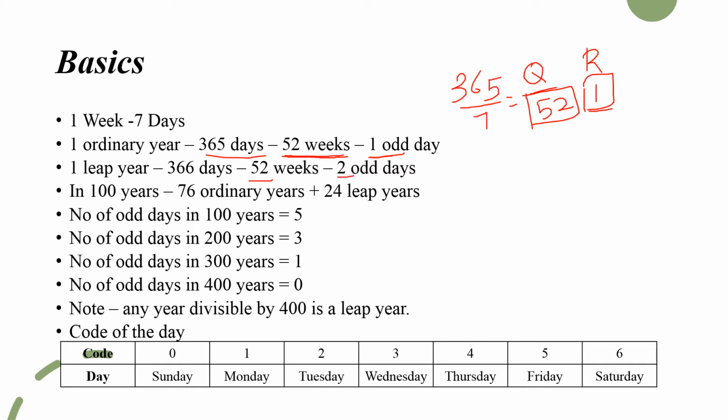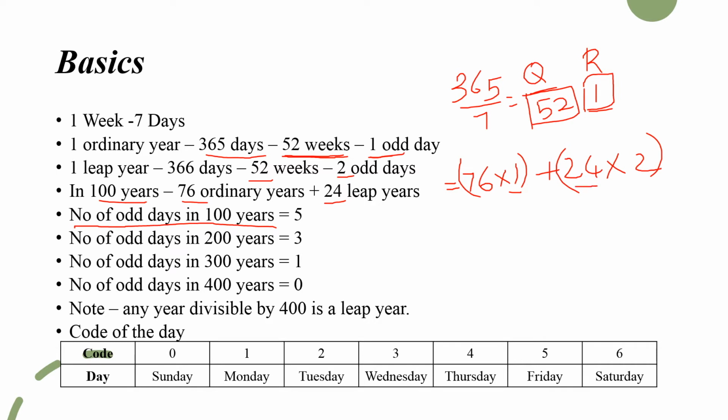The next important concept to remember is that in 100 years we have 76 ordinary years and 24 leap years. To count the number of odd days for 100 years, we multiply 76 with 1 and 24 with 2. We multiply this way because the number of odd days in one ordinary year is 1, and in a leap year it is 2.